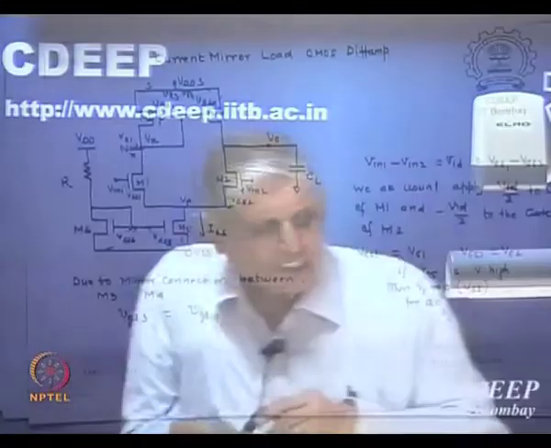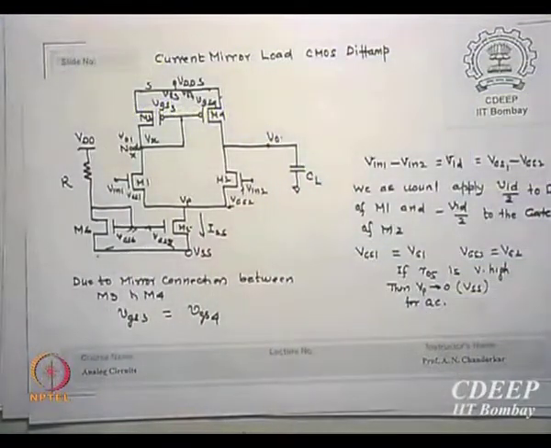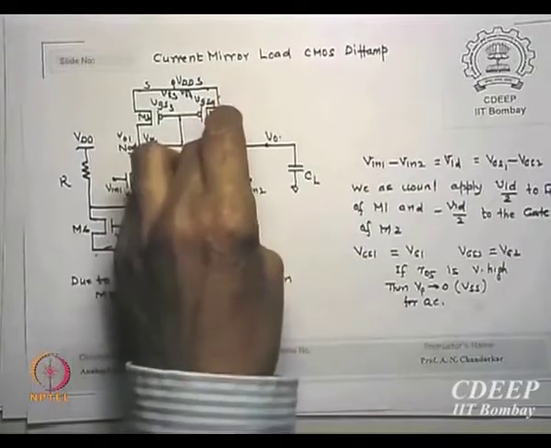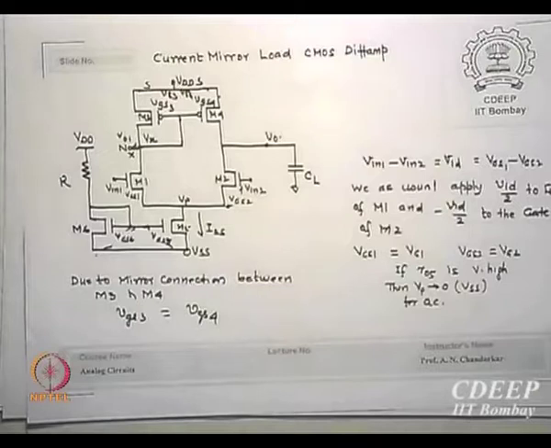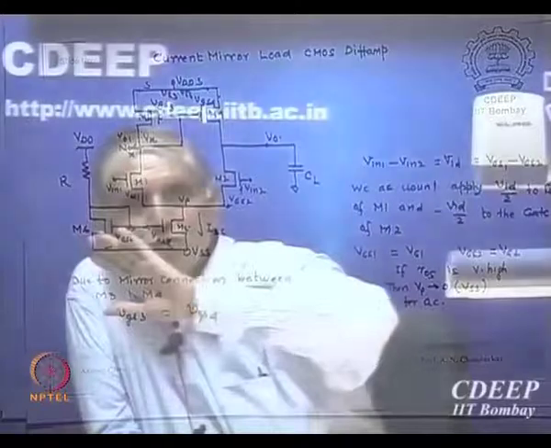What is the output resistance at VO? The output resistance of M2 parallel to the output resistance of M4, and there is no GM term appearing here because it is not diode connected. Whenever there is a diode connection, make it 1 upon GM. If no diode connection, it is only RO.